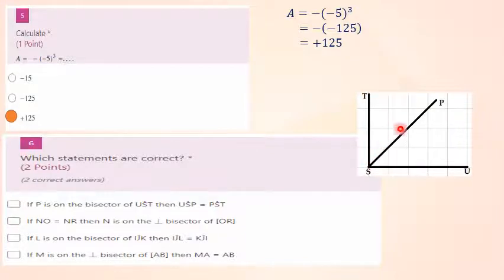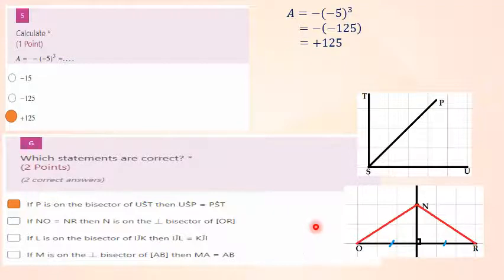I know that the bisector divides the angle into two equal adjacent parts, so it's normal to say that USP equals PST, and this statement is correct. Let's see the other one. Here we have two correct answers. If NO equals NR, then N is on the perpendicular bisector of OR.